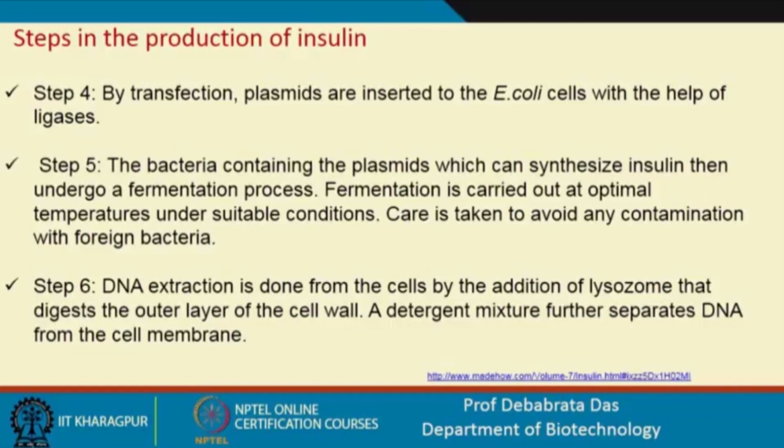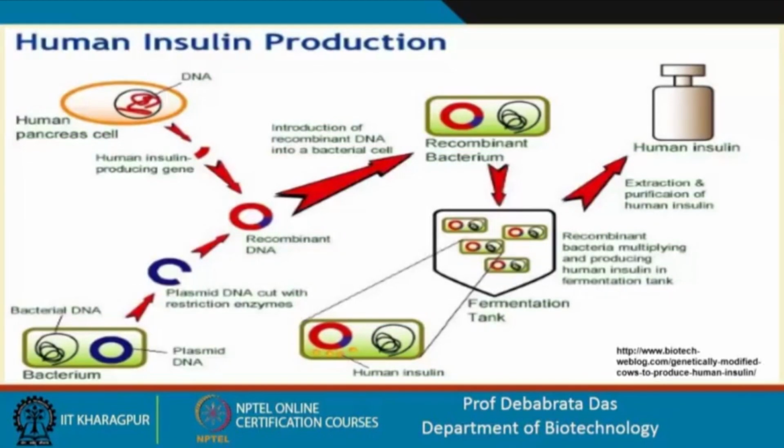So, we use some kind of detergent just to separate from the cell membrane, and it comes to the liquid form. Let us see here the human pancreas cells and the human insulin-producing gene.